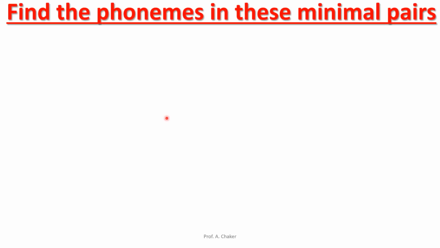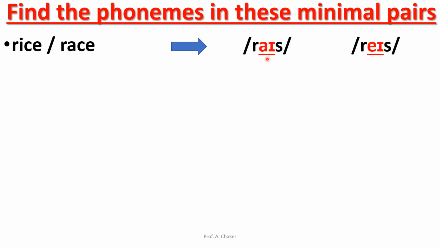Now, an exercise. Find the phonemes in these minimal pairs. Please try to pause the video and transcribe the words, then determine the phonemes. Rice, race. So these are the phonemes. I and A, the diphthongs. Lead, read.